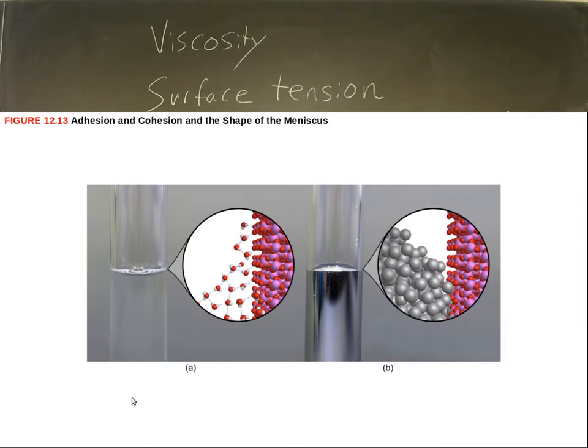We see an opposite effect when we have mercury in glass, say in a thermometer. Mercury has very little adhesive force with glass, and it has a high cohesive force with itself. And so here we'll see the mercury kind of shying away from the glass and forming a convex curvature.